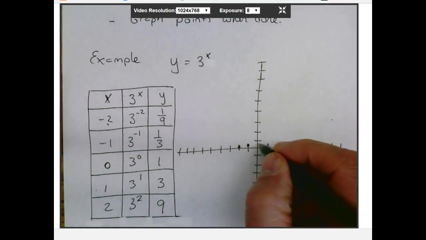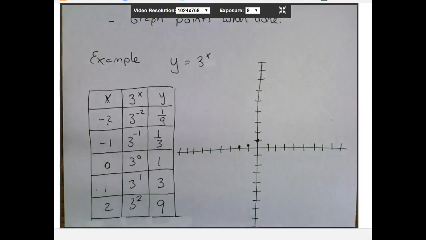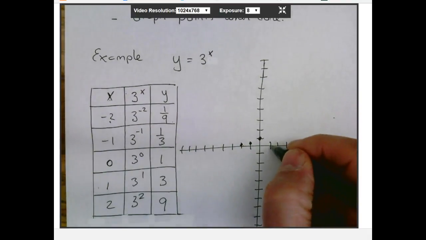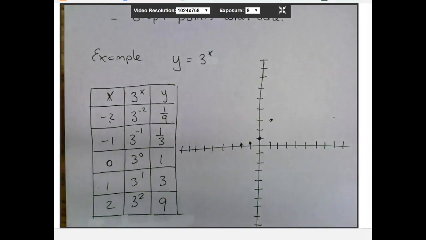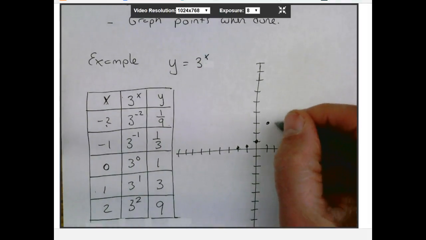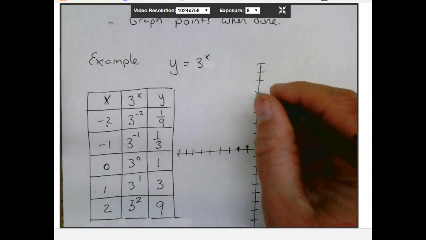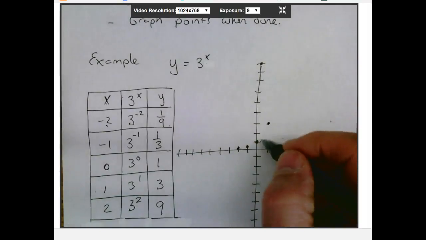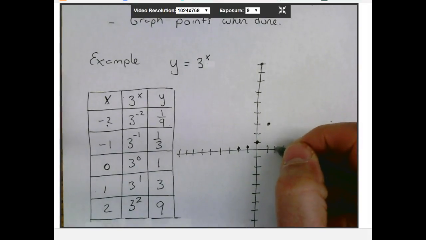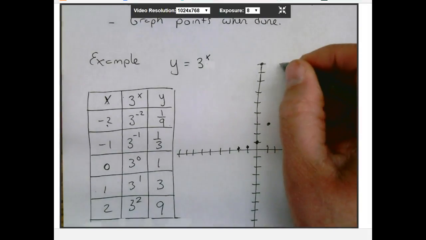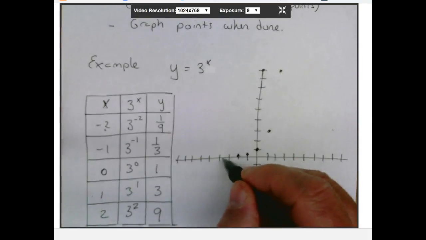Then 0 and 1, like that. 1 and 3. And then 2 and 9. There, 1, 2, 3, 4, 5, 6, 7, 8. Yep, 2 goes all the way up to there. Close. Then we're just going to connect them.